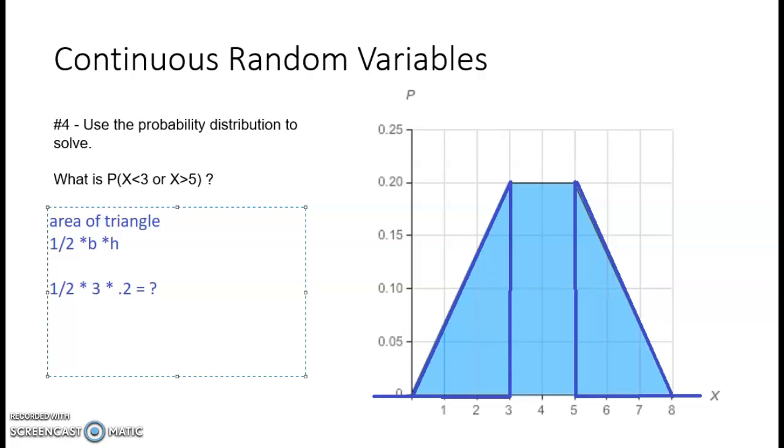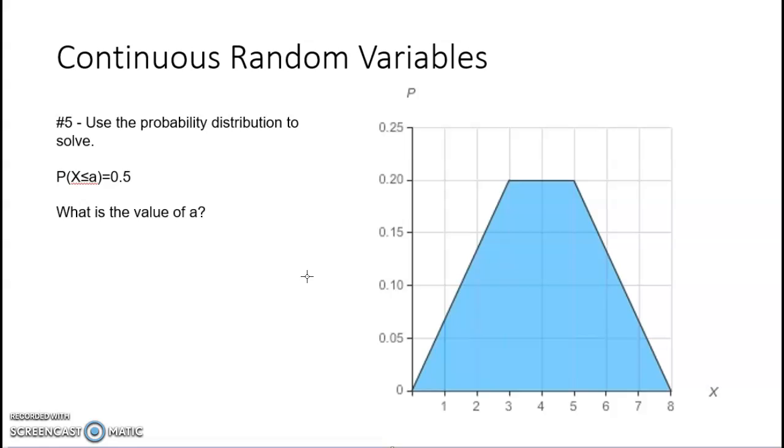Now we're going to do that again for x is greater than 5. It turns out it's actually going to be the same thing. The base is 3, so 1/2 times the base, and the height is 0.2. You can either add those two areas together or take your area from number 3 and multiply it times 2. All right, that's number 4.